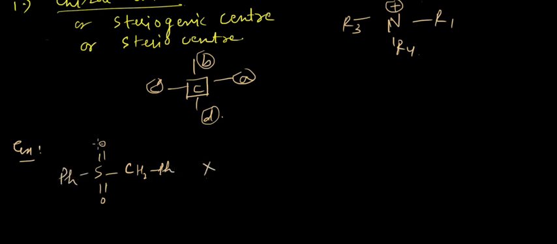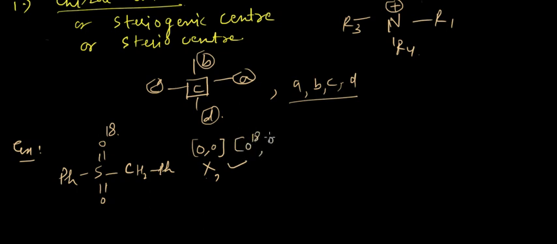No. Is it a chiral center now? Yes. Why? In the first case, two oxygens of the same kind were present, but here all the groups are A, B, C, D, not the same by any chance. In the second case, one was an isotope of oxygen and the other was O16.